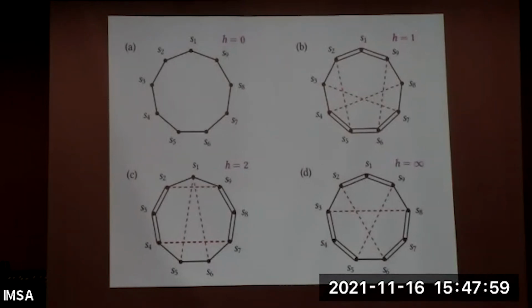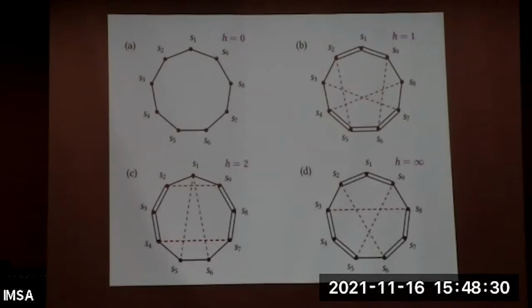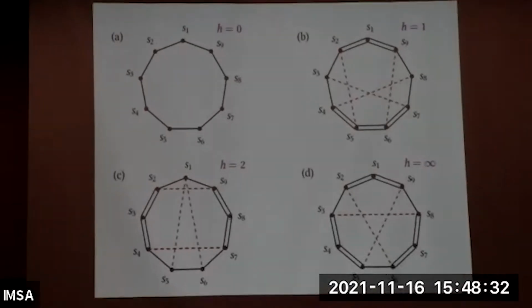If we follow this logic, this one has hypergraph index 2, and this hypergraph index infinity. So the divergence of this is exponential, divergence of this is quadratic, divergence of this is linear, and divergence of this is bounded by a cubical polynomial. So I probably stop here, and if you are more interested, I can tell you about this in person.